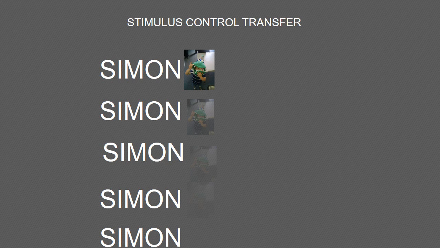The second one, I'm starting to fade it out. I'm making it less and less bright until he could identify his name without the picture. I am transferring control of the additional stimulus, the picture, to the more naturally occurring stimulus, which is the name in written form. This is another example of stimulus control transfer, where we are taking a stimulus and transferring the control of the behavior, here picking the name, to the more naturally occurring one, which is the name in written form.